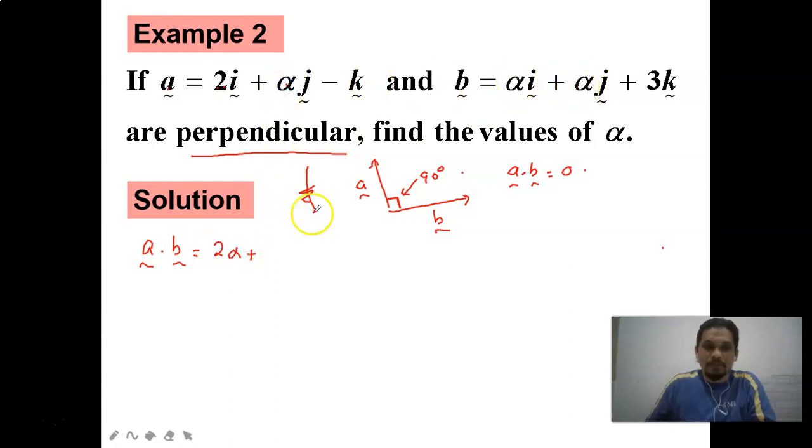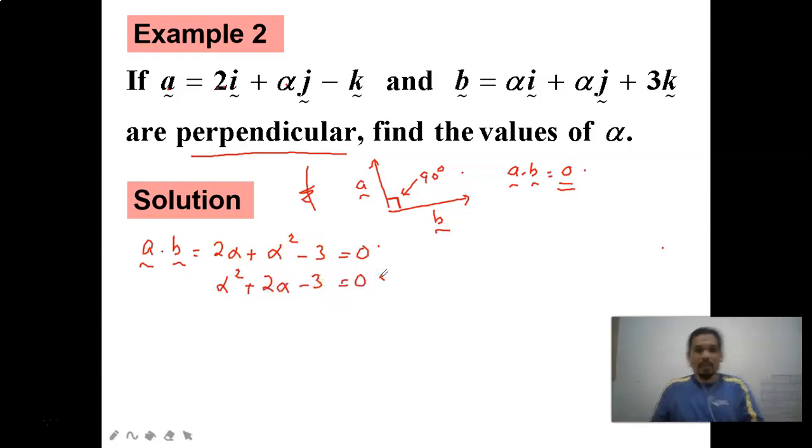Alpha times alpha equals alpha squared. Negative 1 times 3 equals negative 3, and the sum is equal to 0. Rearrange this in the form alpha squared plus 2 alpha minus 3 equals 0. This is in the form of a quadratic equation.